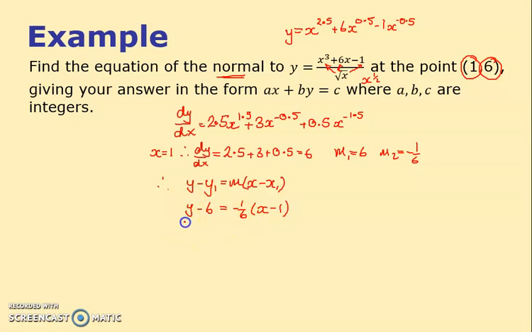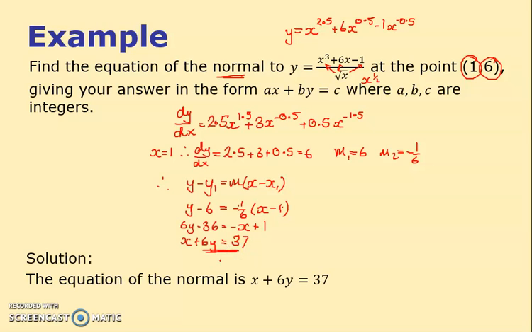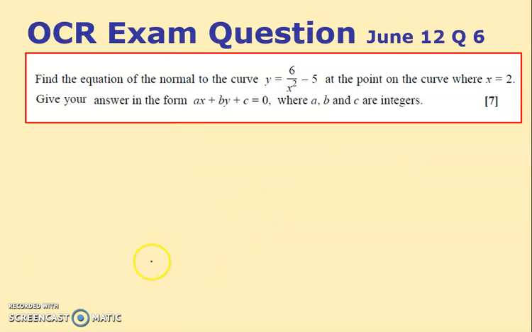Move the 6 over, gives me 6y minus 36 equals minus x minus 1 times 1 is plus 1. So x plus 6y equals 37. X plus 6y equals 37, good.